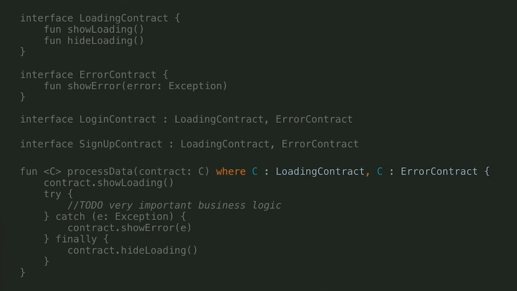So this is very useful in conjunction with our technique of splitting interfaces because then we can create methods that just accept pieces, and we don't care if they are being executed with a login or sign-up, we just care that they can show loading or throw errors.